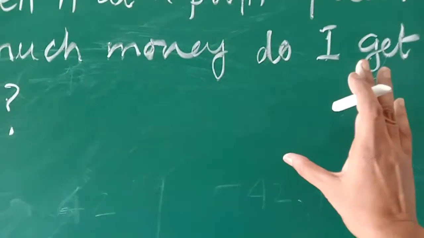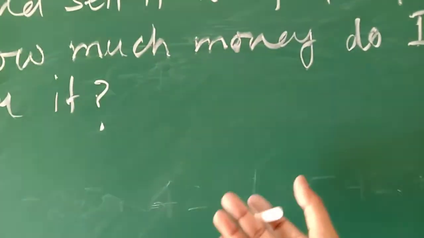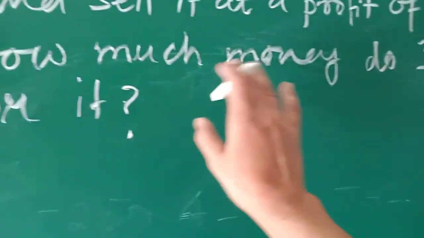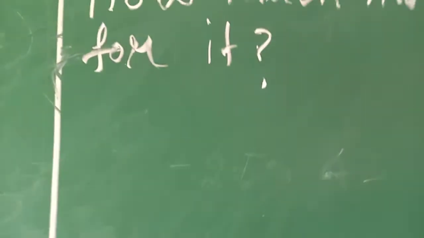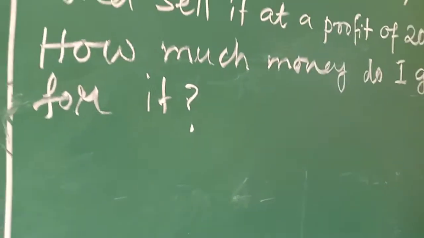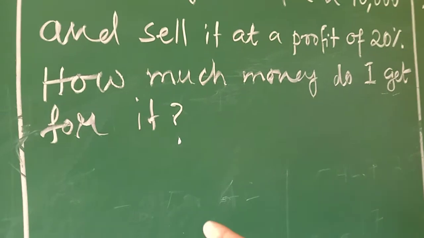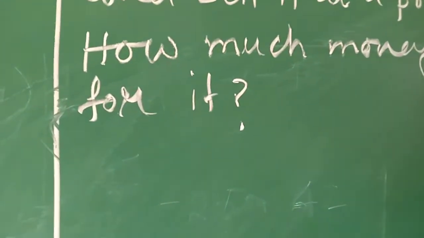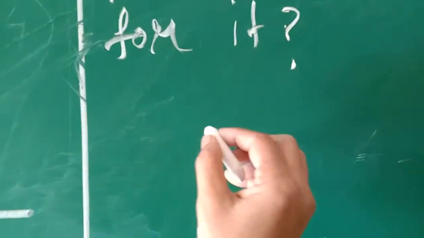Profit percent means some extra money. The total amount is not given, but the percentage is given. Then what was the money? How much money do I get for it? This kind of sum you can do using a formula, or you can do it in the ordinary way also. Let's try first in the simple way.